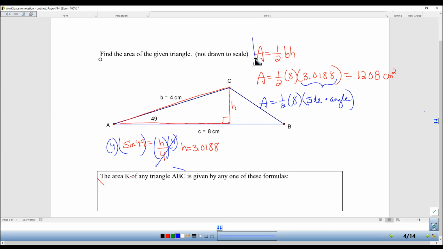So in addition to this formula, I'm going to give you a new one. For some reason, they use the letter K instead of A. I don't really know why, but that's just their thing.